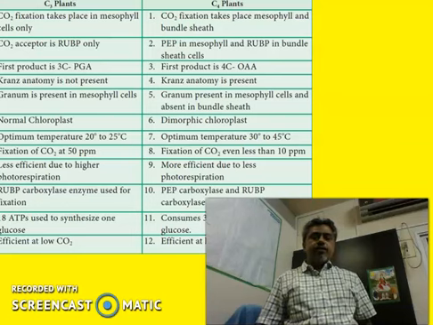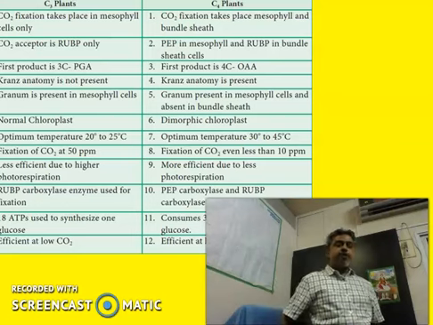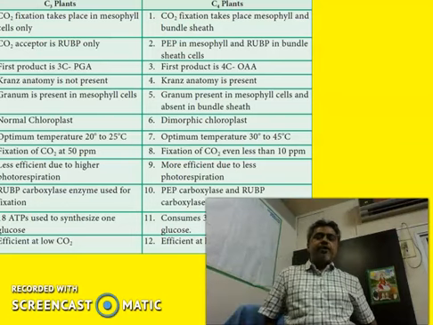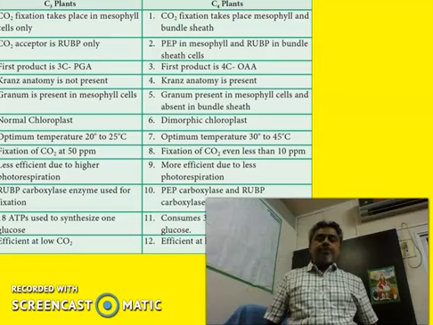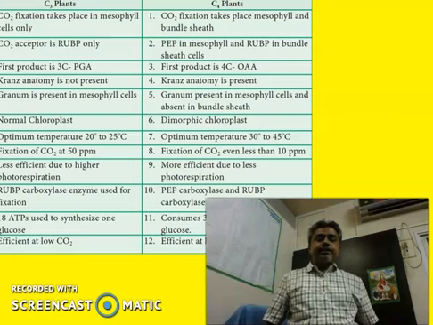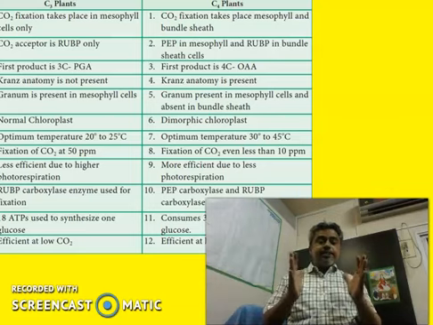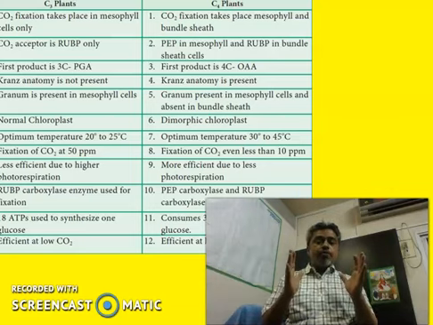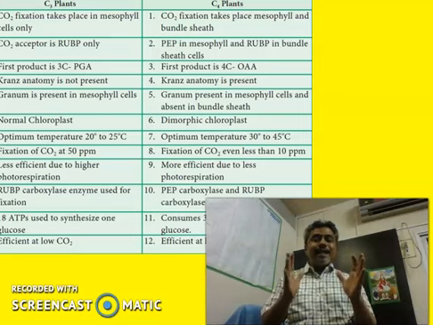Now what will be the first product of the C3 plant and the first product of the C4 plant? The first product of C3 is phosphoglyceric acid, and of C4 is oxaloacetate. This is the main difference for why they are called C3 and C4.